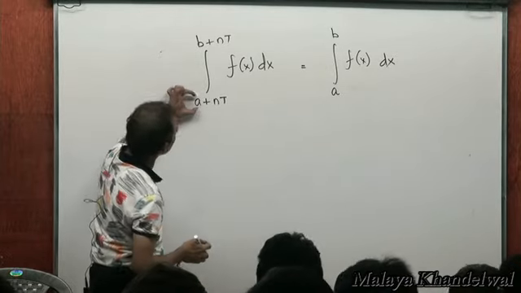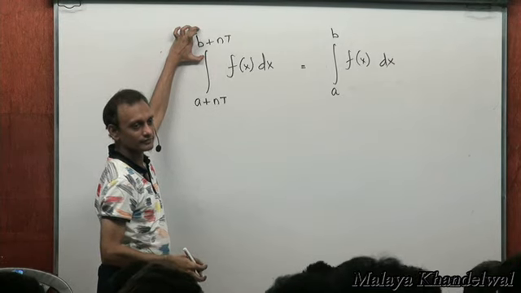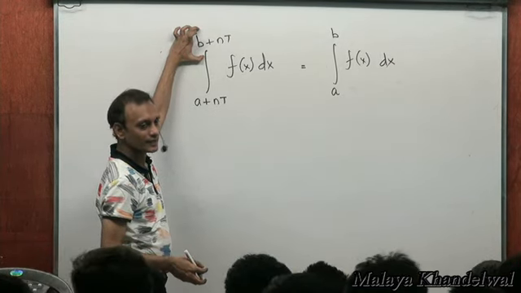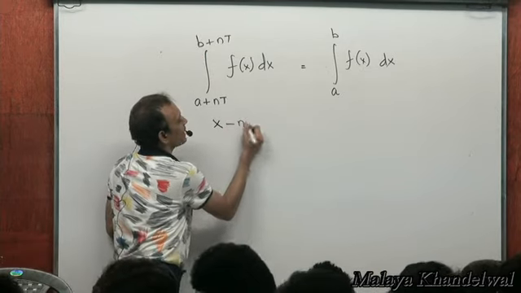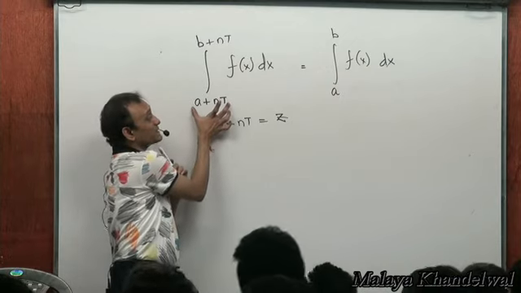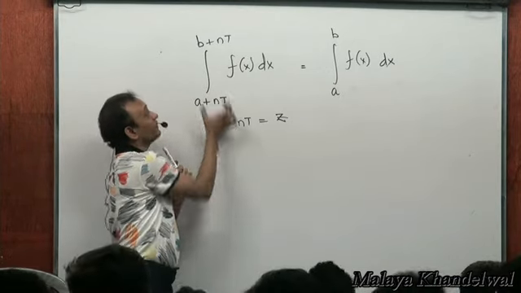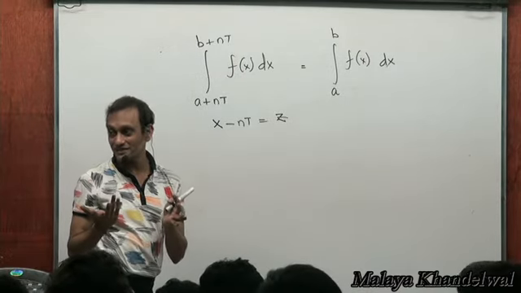I want this a, I want this b. I use this transformation: x − nt is z. So then, when x is a + nt, this will become a. When x is b + nt, this will become b. Good enough for us, right?